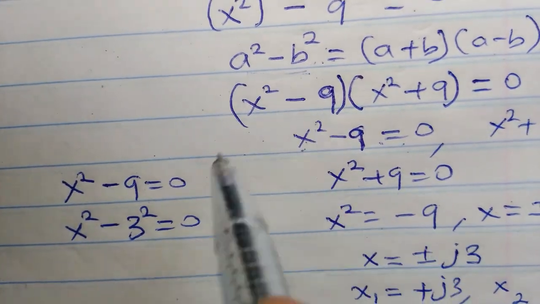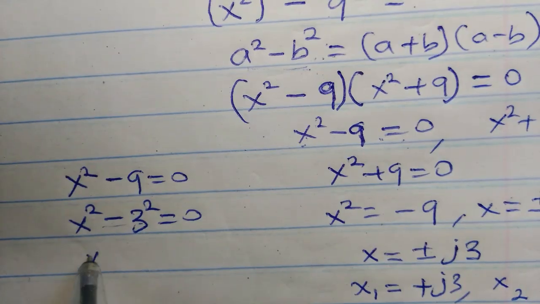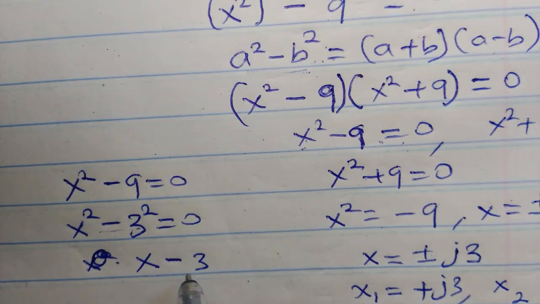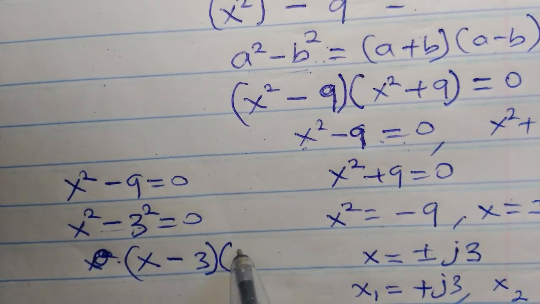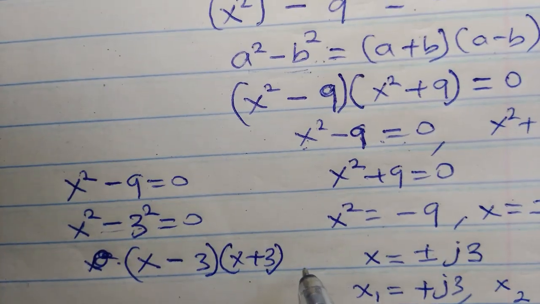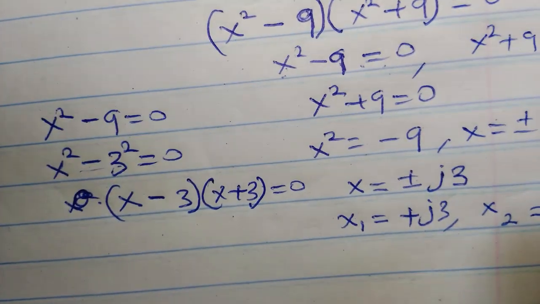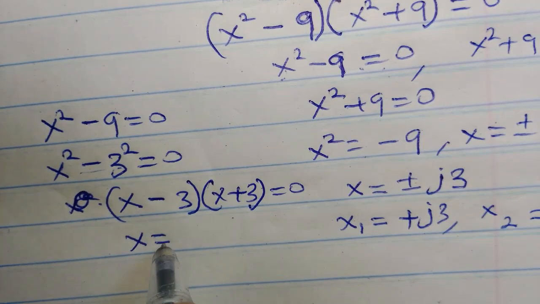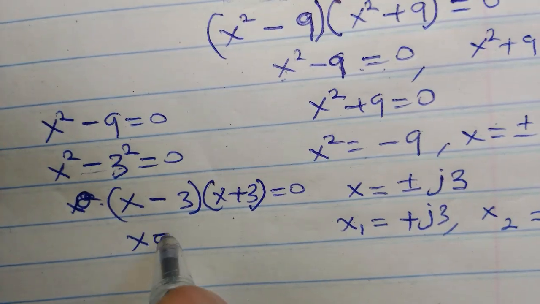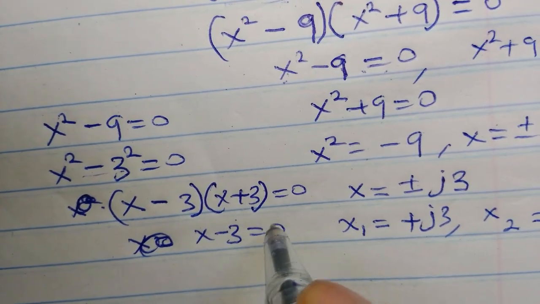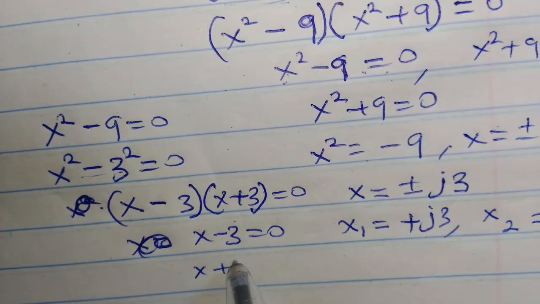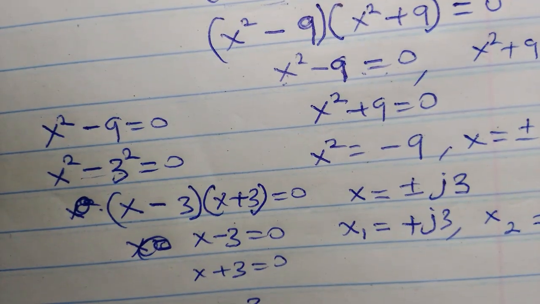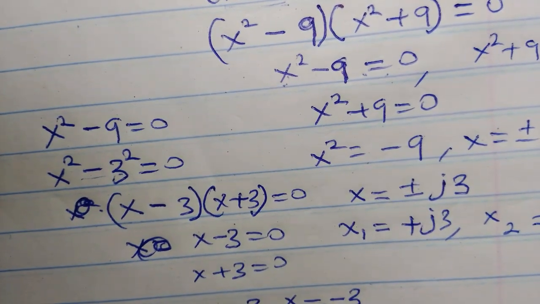If we put this through, we have x minus 3 times x plus 3 equals 0. So from here we equate each factor to 0: x minus 3 equals 0, and x plus 3 equals 0. So from here we can say x equals 3 and x equals minus 3.